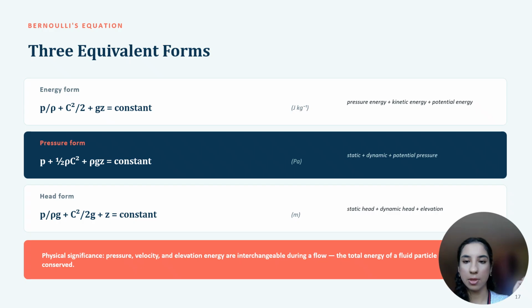The first one is pressure energy plus kinetic plus potential. The second one, static plus dynamic plus potential energy, pressure. The third one, static plus dynamic plus elevation. It really depends on the flow, where it's flowing, the control volume. You will always know which one to use, so do not worry about it.